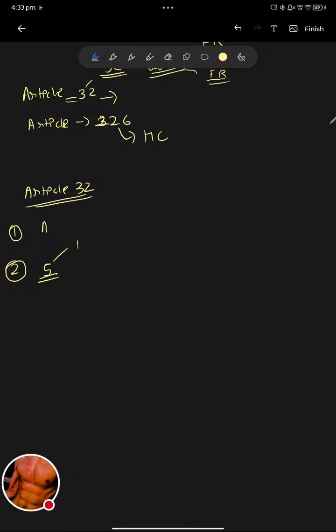First is habeas corpus. I don't know if other countries have this, but these are not standard English names. Then mandamus, then prohibition.